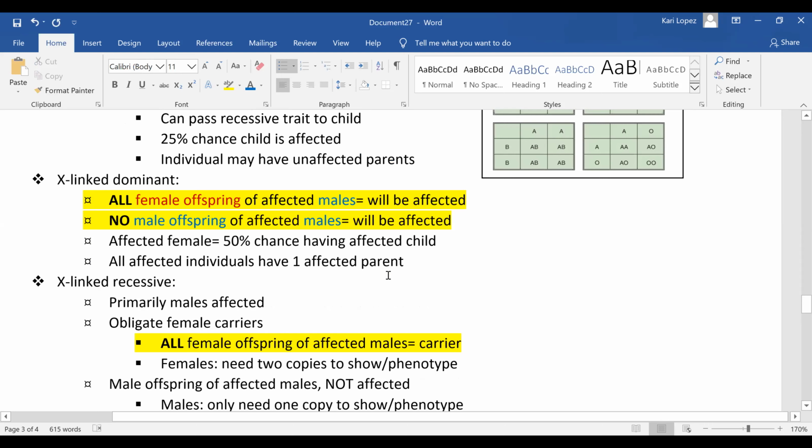And I'm going to make a short video on the Hardy-Weinberg formula. So I'll do one on the Hardy-Weinberg formula and make it separate.